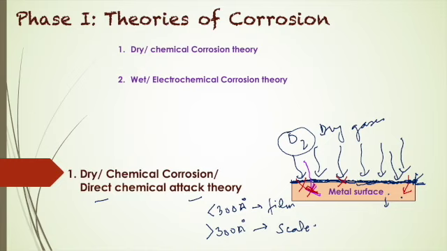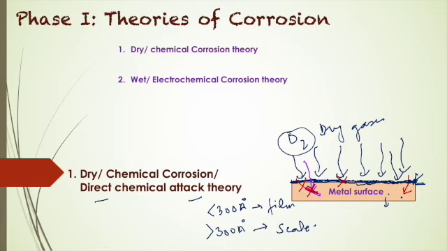Whereas if the temperature increases, like in some areas the weather conditions are such that they have high temperature, in desert areas we can talk about, and in other parts of the world, at high temperature practically almost all the metals can undergo oxidation. So that means none of the metals is safe in those areas, depending upon the different melting points of those metals.